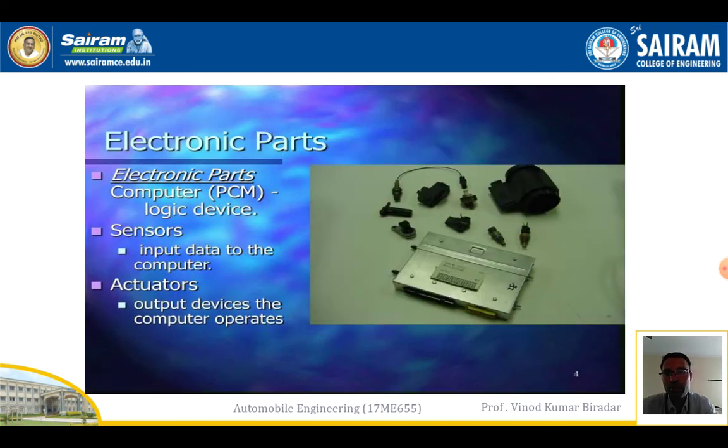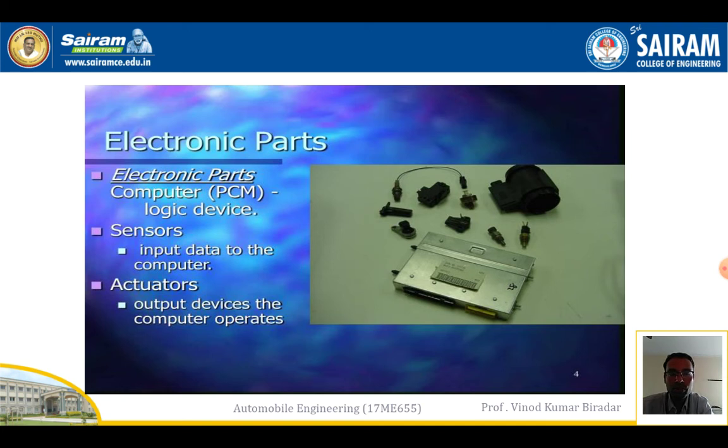So what are the electronic parts? The computer and logic devices are used. In the pictures I showed small parts which are fitted in the vehicle to detect things and help the vehicle. Sensors give the input data to the computer. Actuator output devices are operated by the computer.